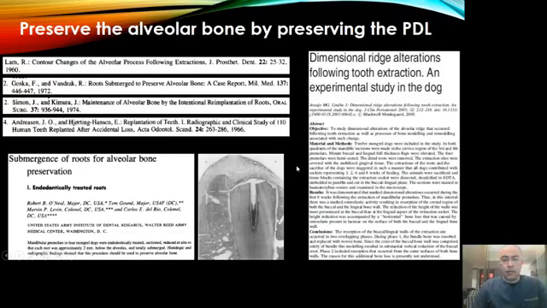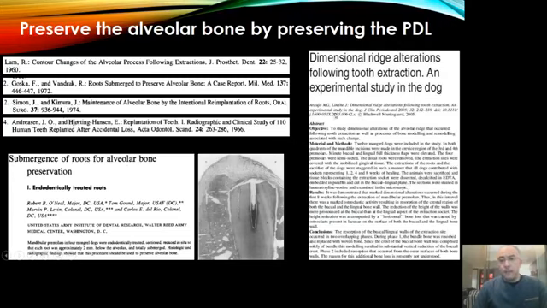If we go back to the literature to see what we know exactly about this, we all know that after extraction we have dimensional ridge changes. We have some bone resorption happening all the time after the extraction.